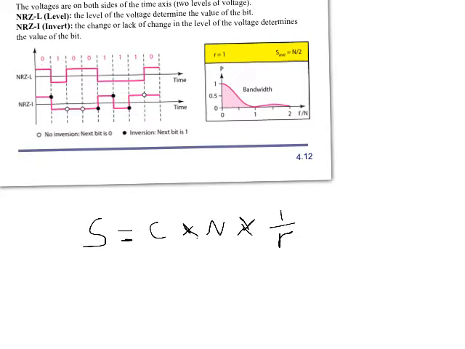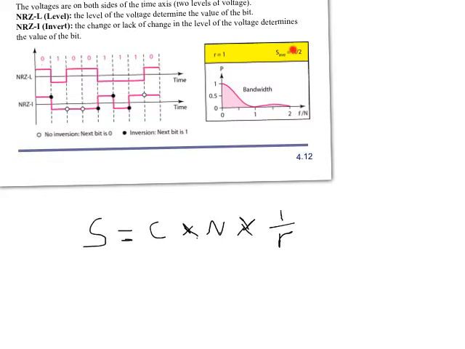One extreme, if at every bit I have one change, this is the maximum, or the worst case. And the other extreme case is when I have no changes at all. So c is usually somewhere between 0 and 1, and we usually select it as half, or 1 over 2. So that's why the average baud rate is around N over 2, as it shows here.